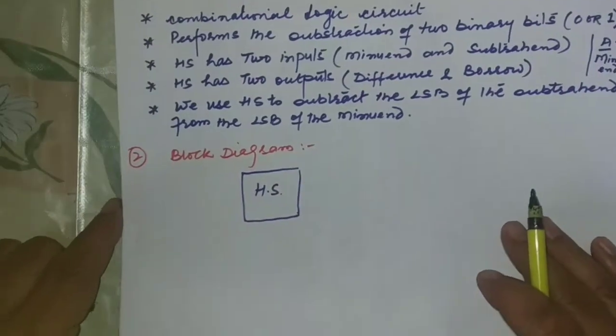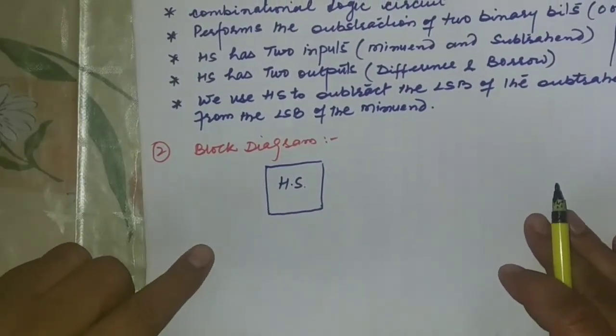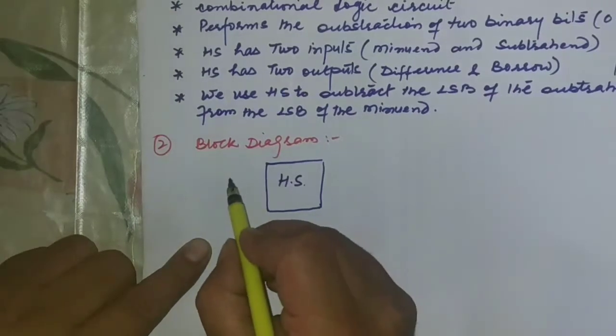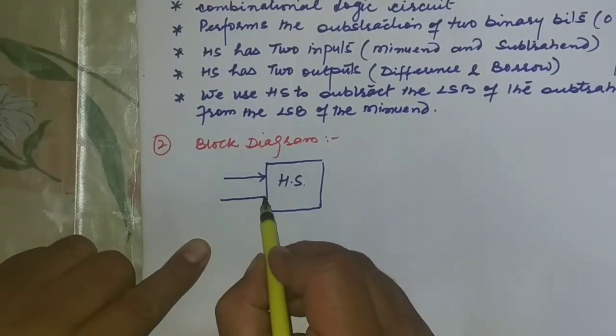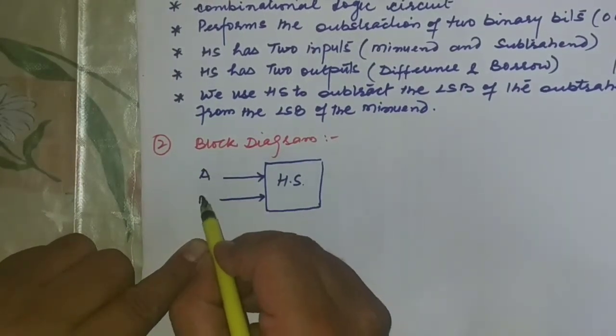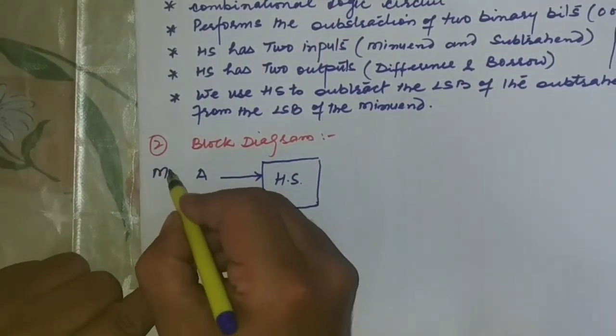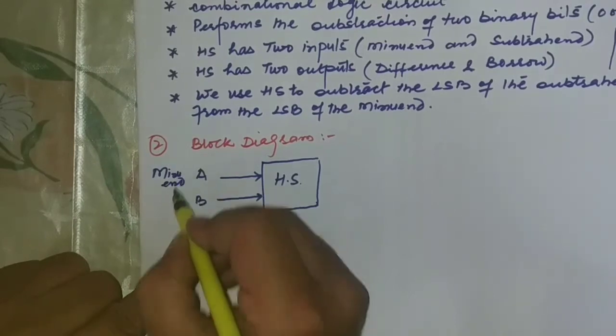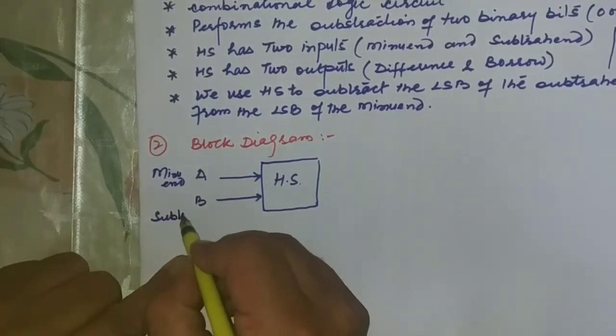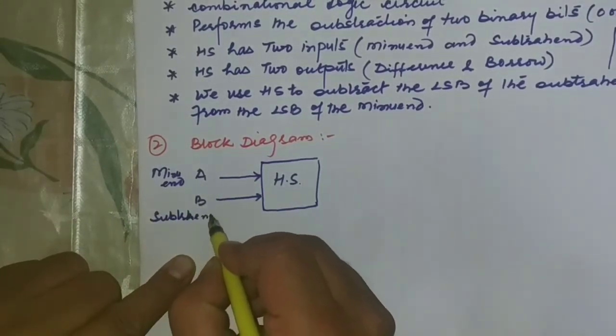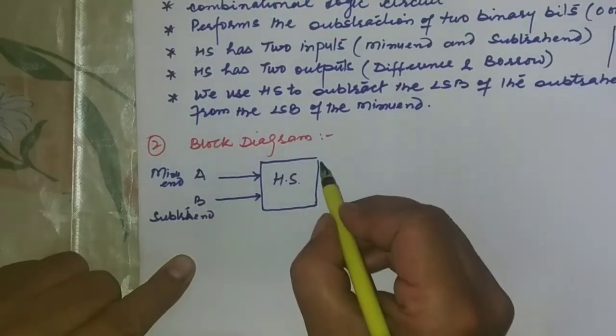It has two inputs, A and B, and A is known as a minuend and B is known as a subtrahend. So these are two inputs.